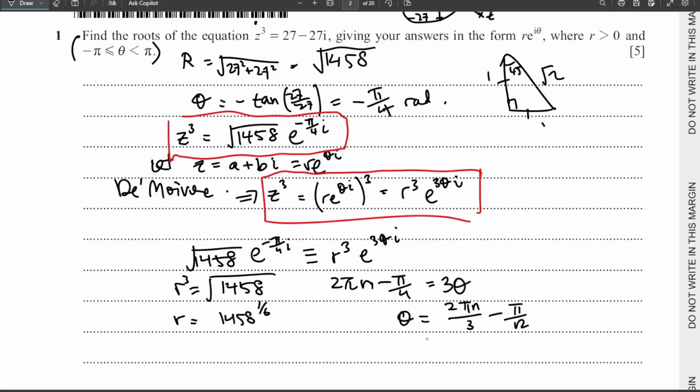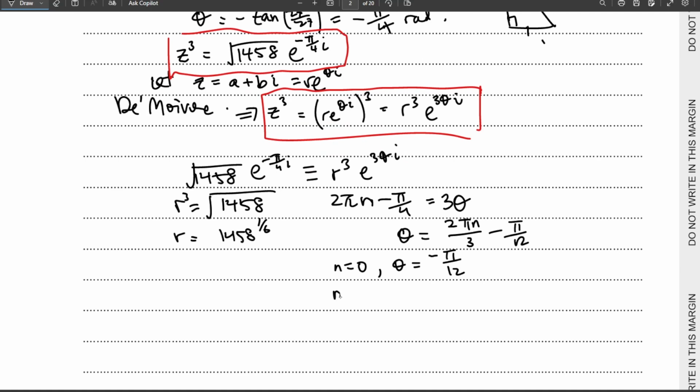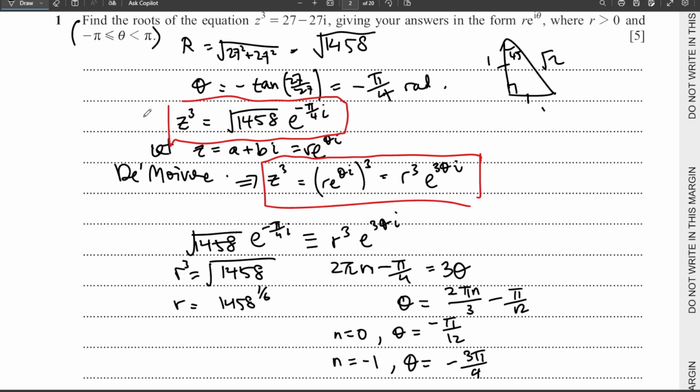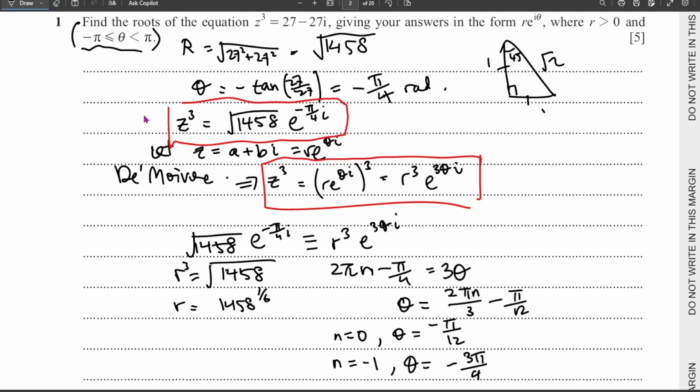Maybe we try 0 first. When n is 0, we have just negative pi over 12, and that's within the boundaries. So let's go for negative 1 so that we can clear the negative part first. If it's negative 1, it will be negative 3 pi over 4, which is also within our boundaries.